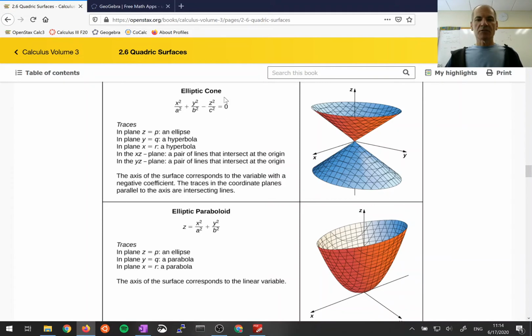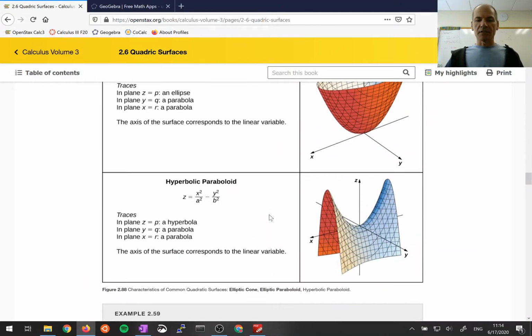If you take that term on the right-hand side and change it to a linear term in z, then what you get is something called an elliptic paraboloid. This is kind of the analog to a parabola in 2 dimensions, but in 3 dimensions it's kind of a bowl-shaped thing with an elliptic cross-section.